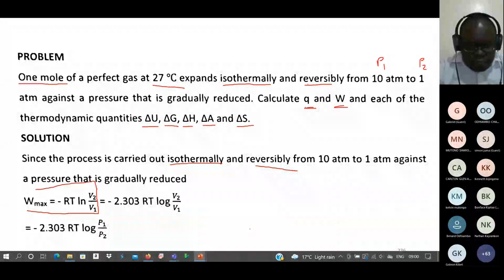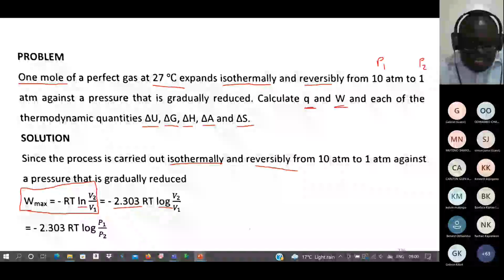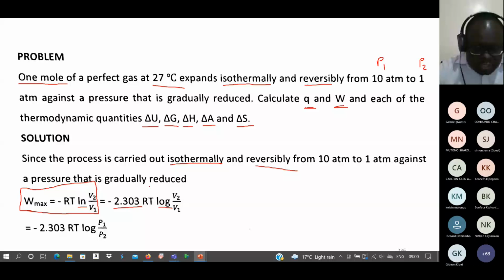We know ln, or natural log, is the same as 2.303 times log to base 10. That's why we're getting this 2.303. Notice we are not putting any other value for n, because n equals 1 here.